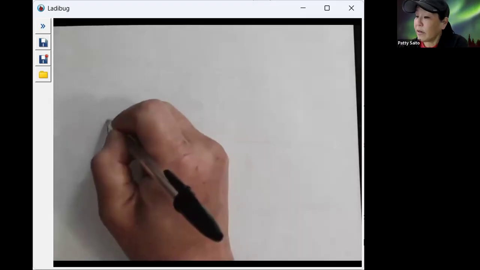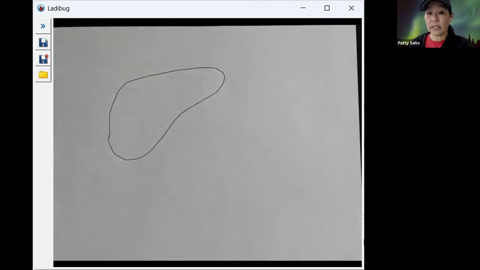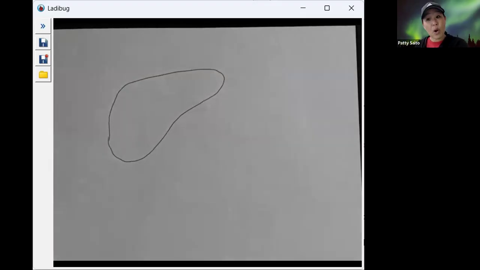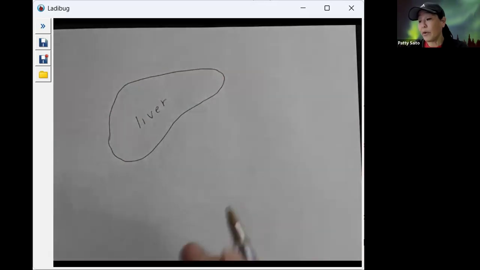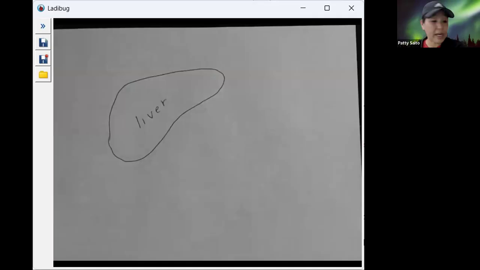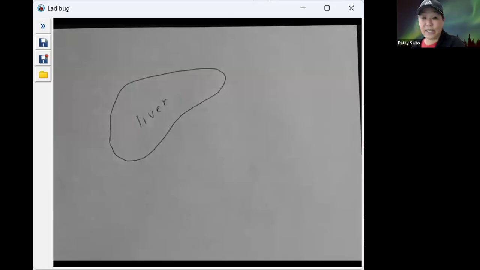Here's our liver. The liver is located on the right side of our body, right upper quadrant of the abdomen. And the liver makes bile. Anyway, green would be good because bile is green.